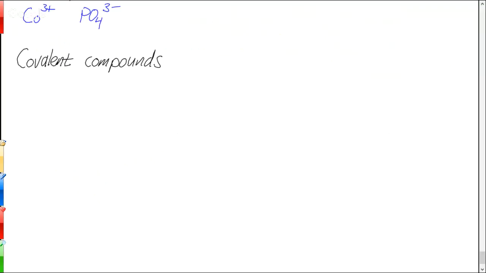But for now, the most important marker is that covalent compounds are not made of ions. They're made of a different kind of interaction between atoms. So they don't have charged particles in them. They don't have +3s and -2s. They're combined in a different way.